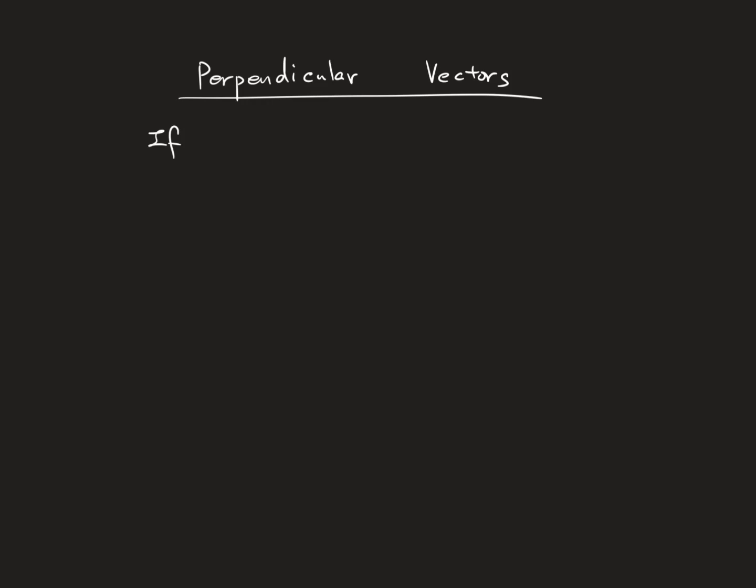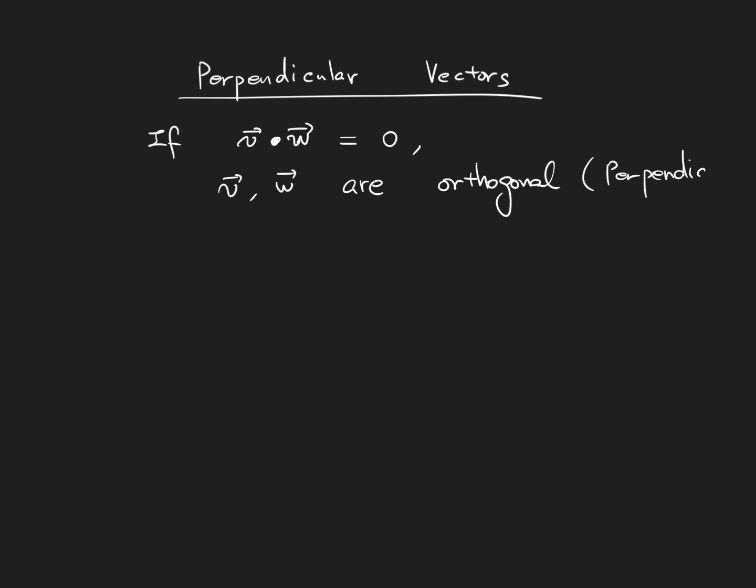Now we're going to talk about perpendicular vectors. If the dot product of v and w is equal to 0, then we say v and w are orthogonal or perpendicular.